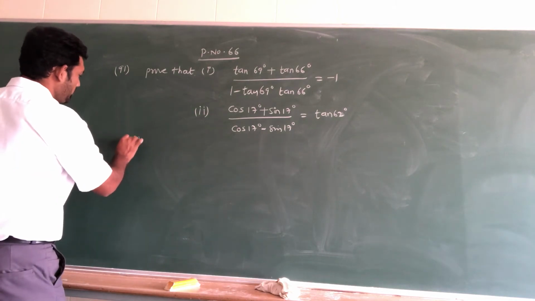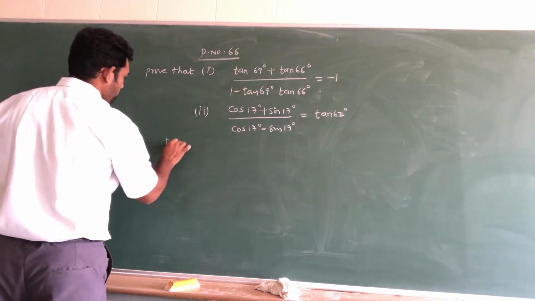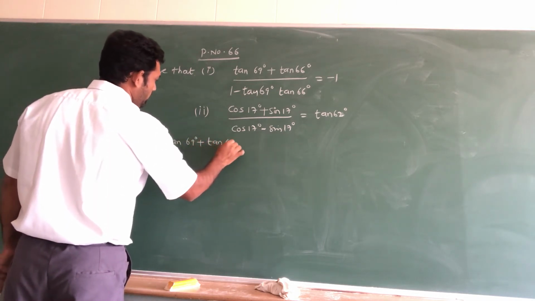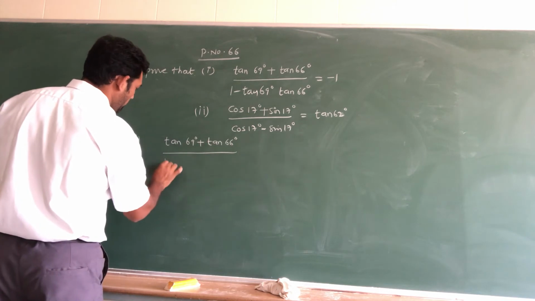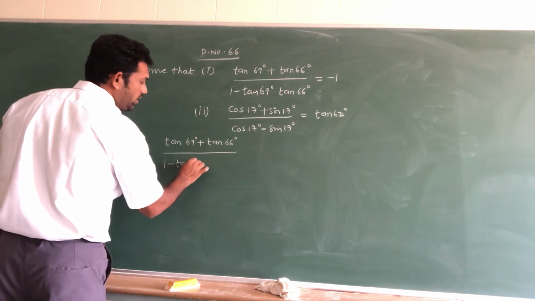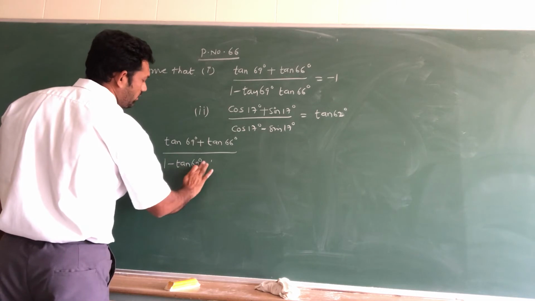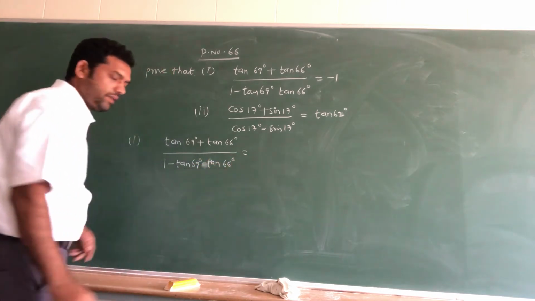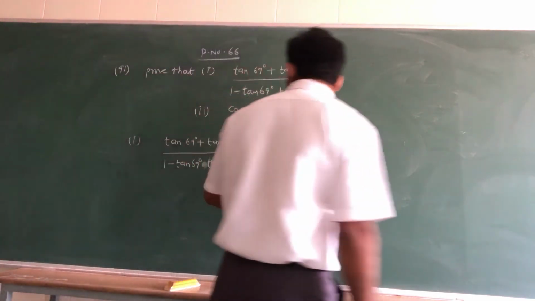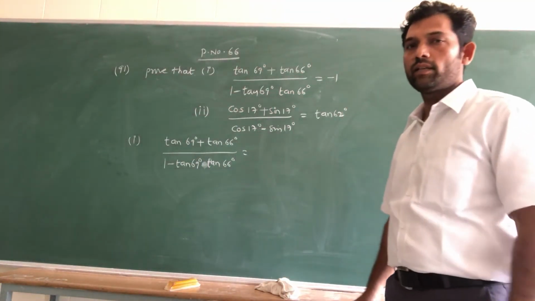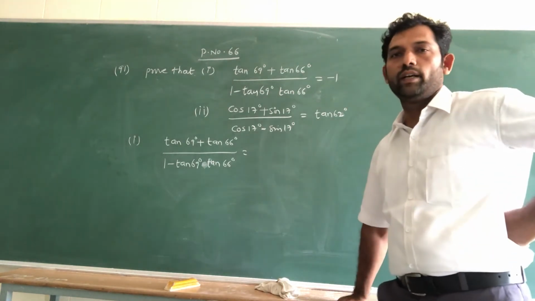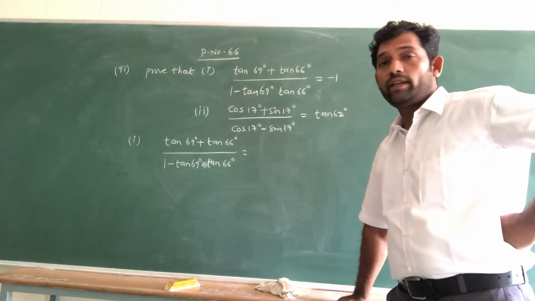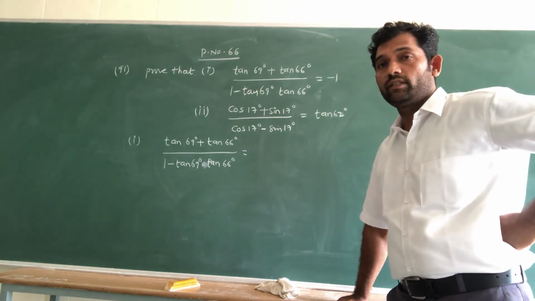First question is a very simple question: tan 69 degrees plus tan 66 degrees divided by 1 minus tan 69 degrees into tan 66 degrees. See, the left hand side is of the form tan A plus tan B divided by 1 minus tan A into tan B, where A is equal to 69 degrees and B is equal to 66 degrees.